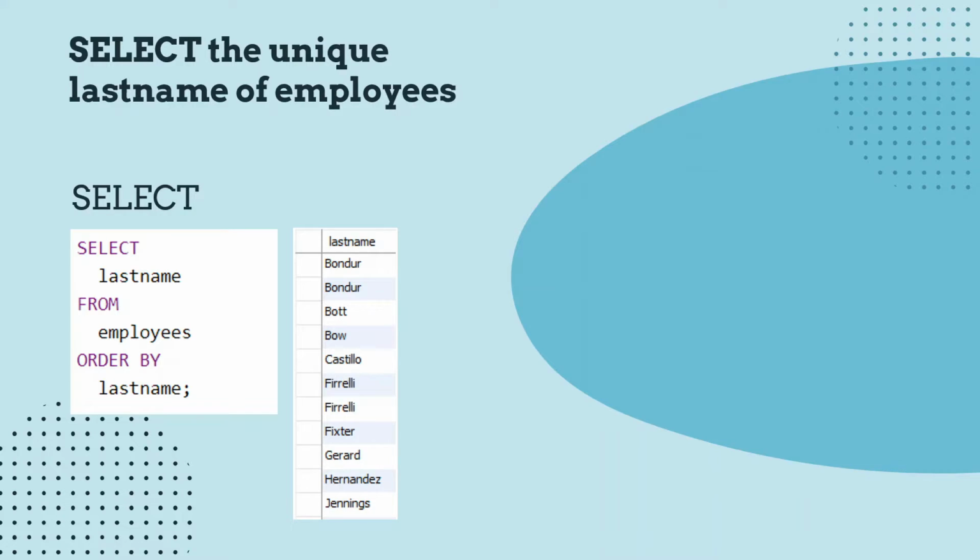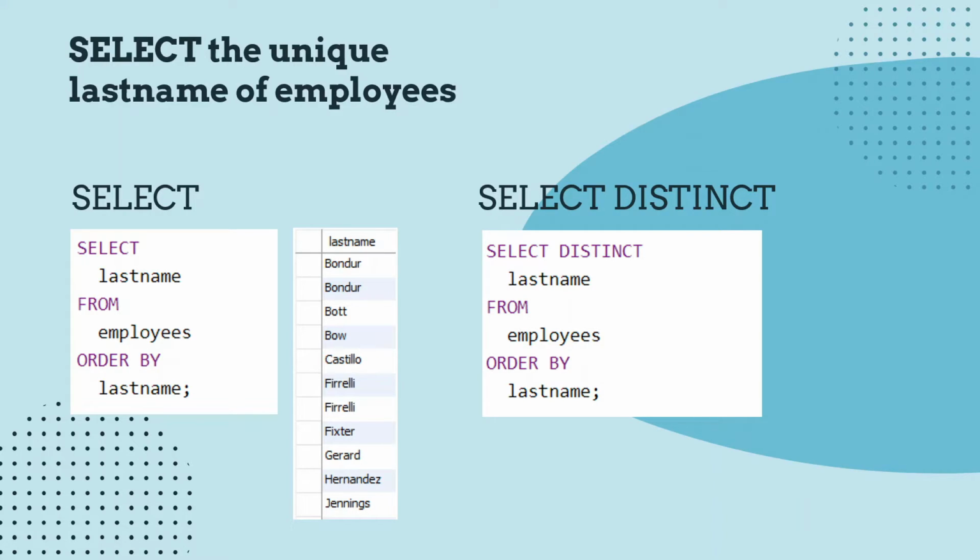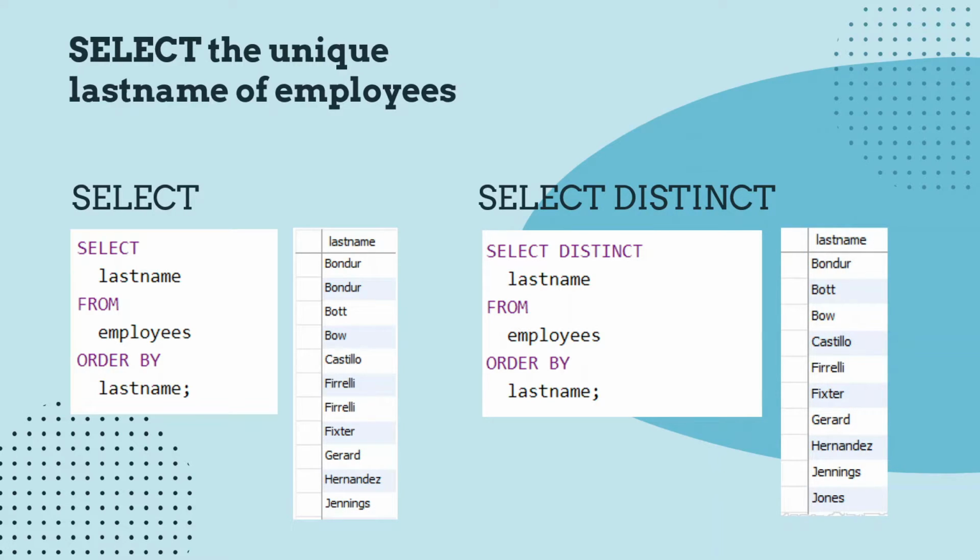If we want to remove the duplicate last names, we can use the distinct clause in the select statement like this image. Select distinct last name from employees and then order by last name. Now we will get unique values only like this picture. So we will get Firrelli just once, and also for the others.